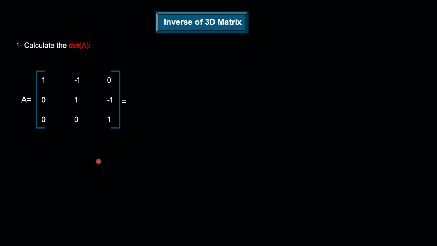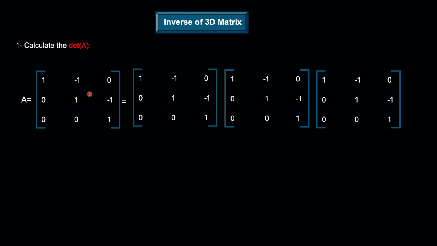Now, first step is we calculate the determinant of A, this matrix A. So we take our matrix, the original matrix, three times.